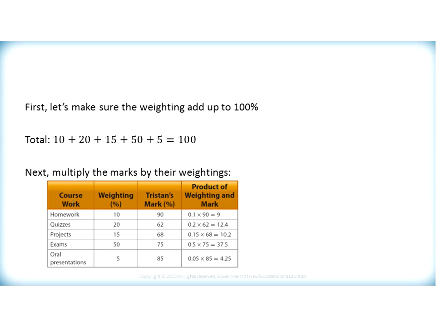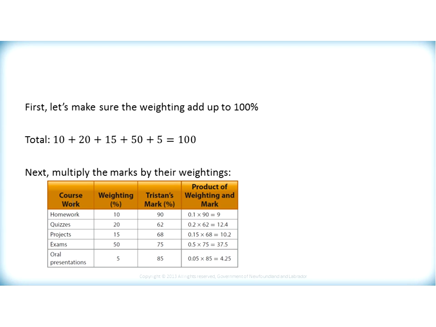He has a 20% weighting on quizzes, and he has a mark of 62%. So that contributes 12.4 marks towards his final average. Projects are worth 15%, and he has a 68% mark. So that contributes 10.2 marks to his final average.